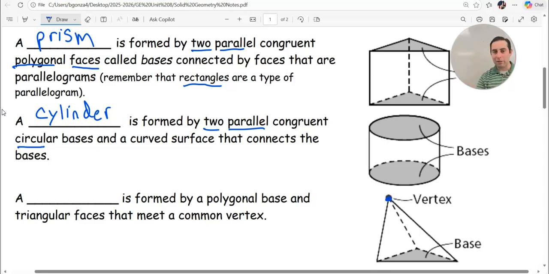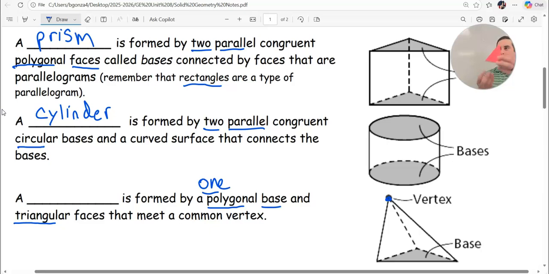Triangles. And it says it right here. It has a, which means one. Go and write the word one. Polygon base. And it's connected by triangular faces. Triangles.